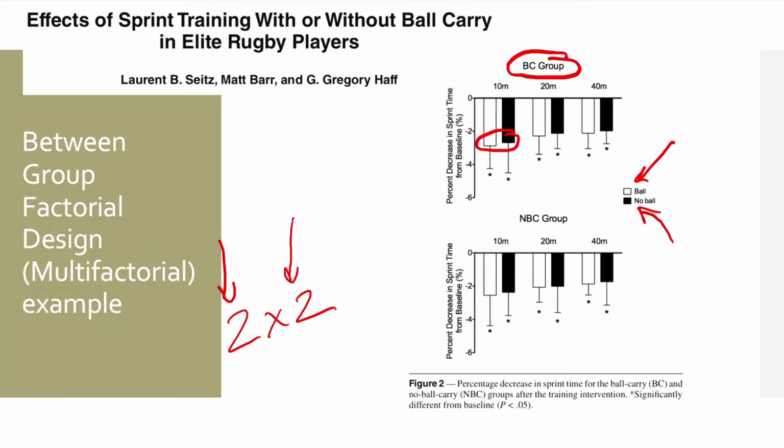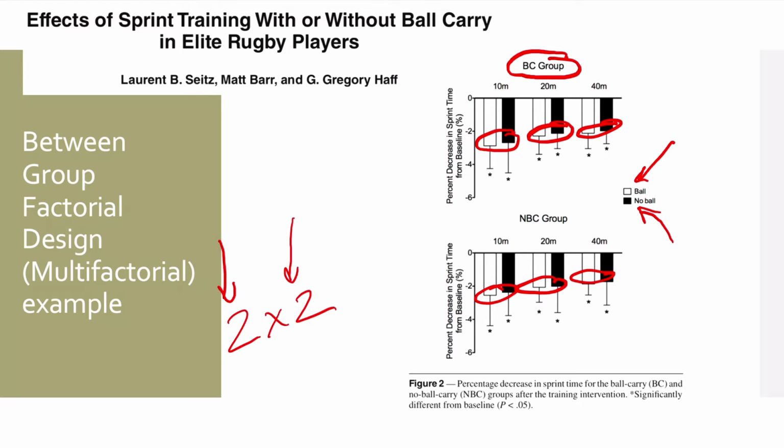And we found that there was no significant difference whether they trained with or without the ball. You do see a little bit faster time between the two groups, but it was not statistically significant whether they trained with or without the ball, and we can see the same thing in the non-ball carrying group.